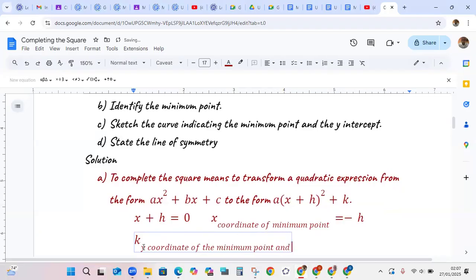And it will still also be the minimum value of the quadratic.